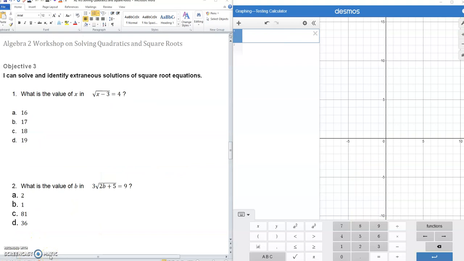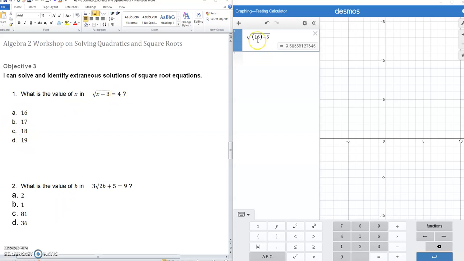So on objective number 3, I can solve and identify extraneous solutions to square root equations. Example number 1. What's the value of x in this equation? This is very easily done on Desmos. What I will recommend you do is to just plug each choice in place of x and see which comes out as 4.